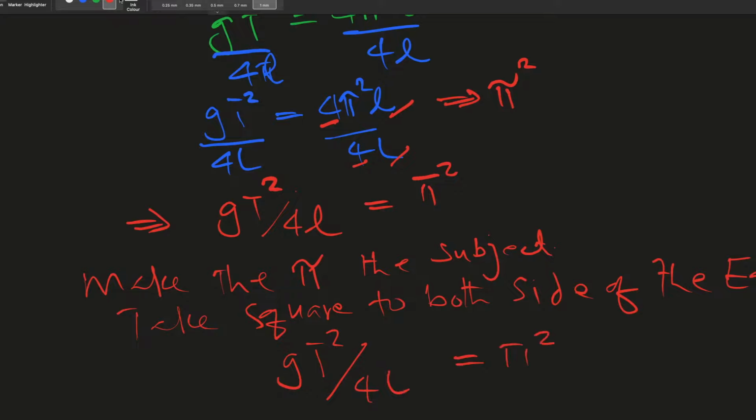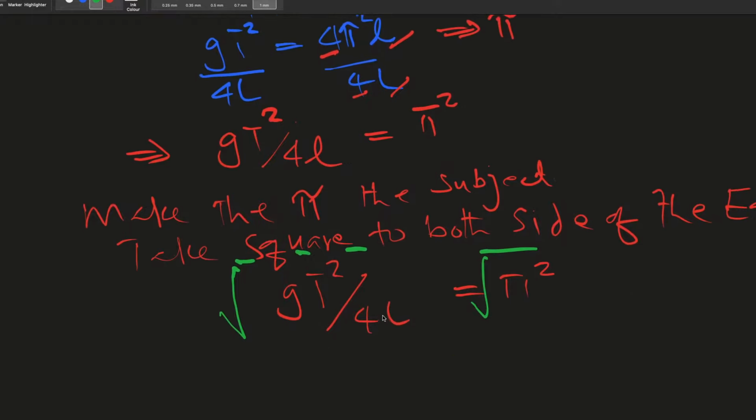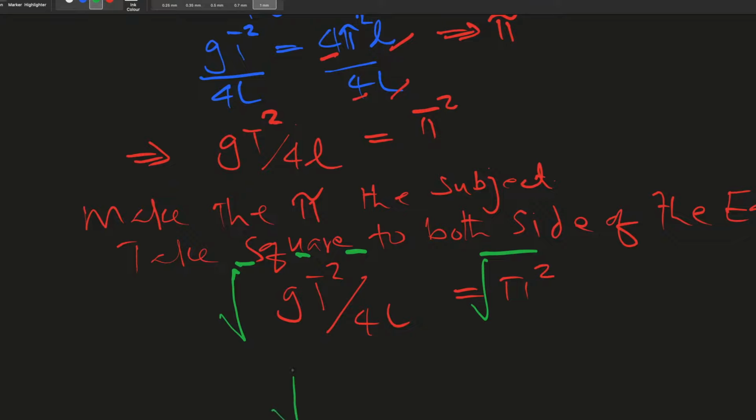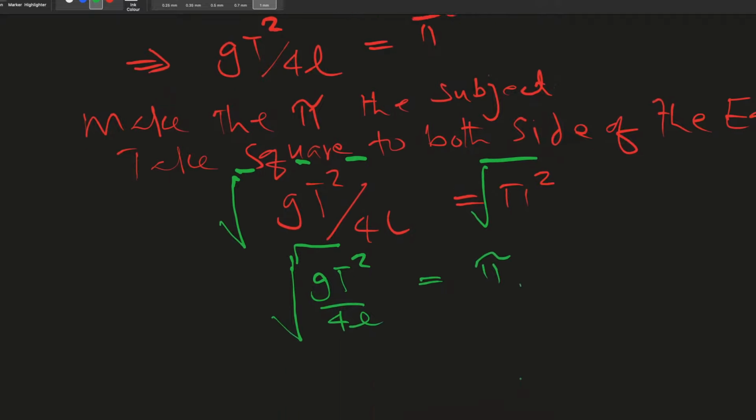Then we take the square root of both sides. Just remember, in every equation, what you do to the left hand side, do the same to the right. So when we do that, we have the square root of G T squared over 4L equals pi. Therefore, the change of subject for pi is given as the square root of G T squared over 4L.